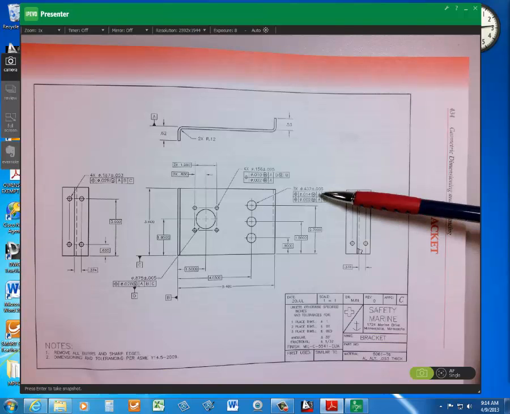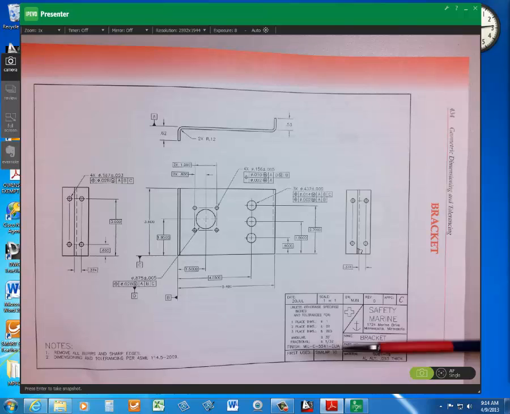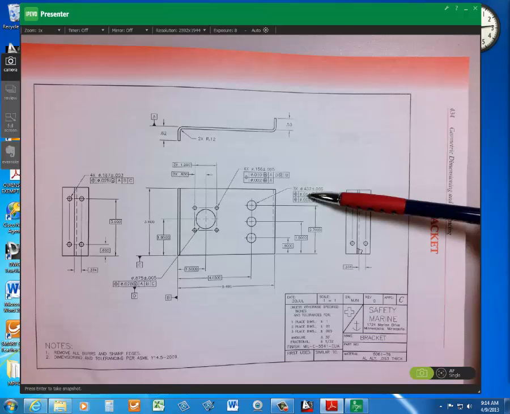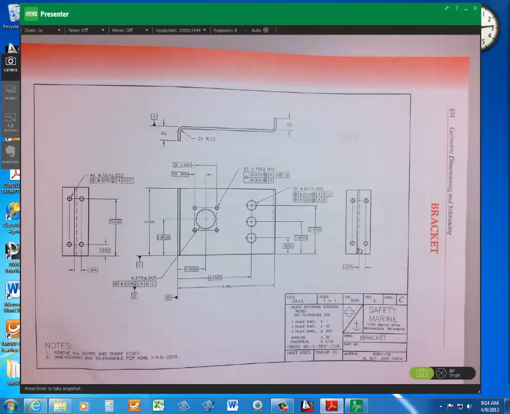That means regardless of feature size. So no matter what size is manufactured, A, B, and C, this tolerance applies. So it doesn't care. You want to put it in human terms.